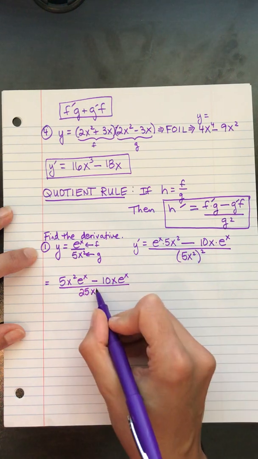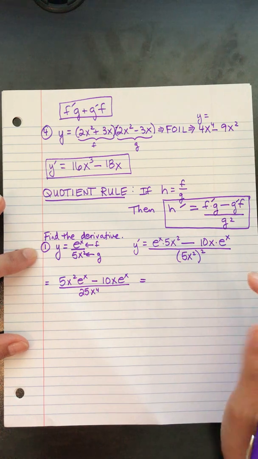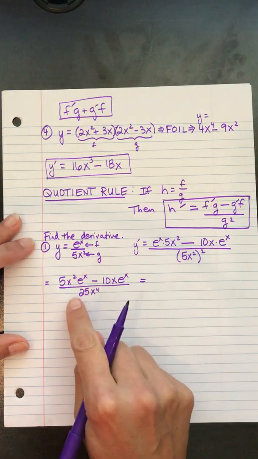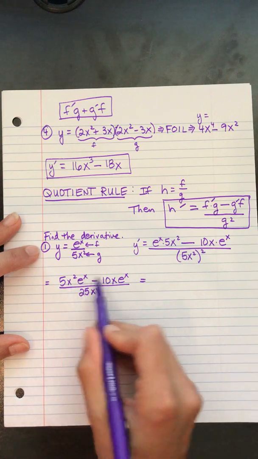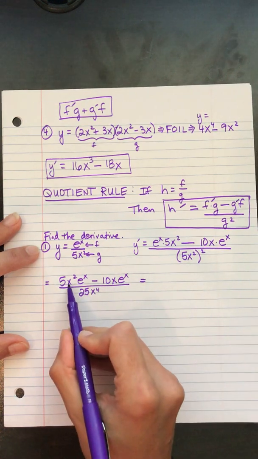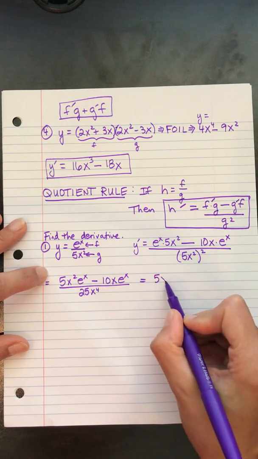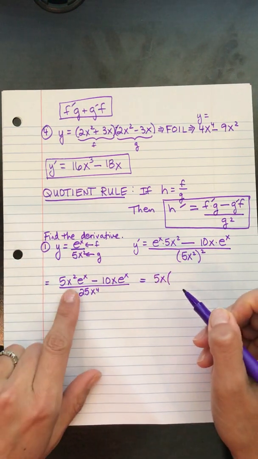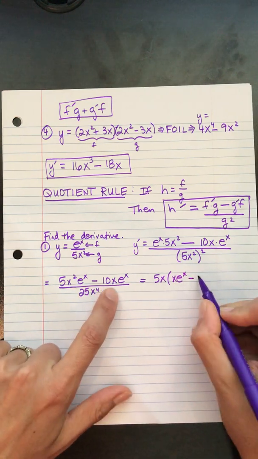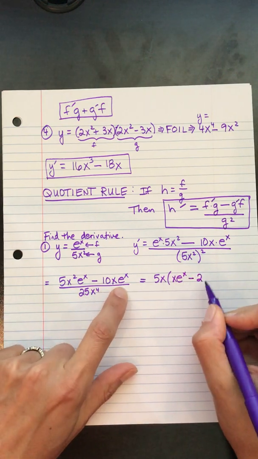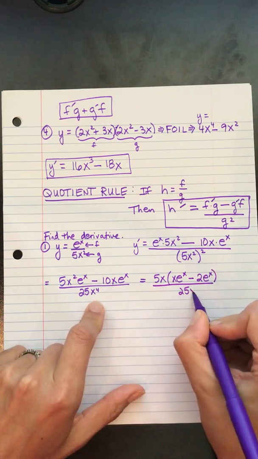Now, you should, within reason, simplify these if you can. You'll notice that 5, 10, and 25 all have a 5 in common. And there's an x here, an x here, and an x here. So I'm going to factor out a 5 and an x from the top, leaving me with x e to the x minus 2 e to the x over 25x to the fourth.